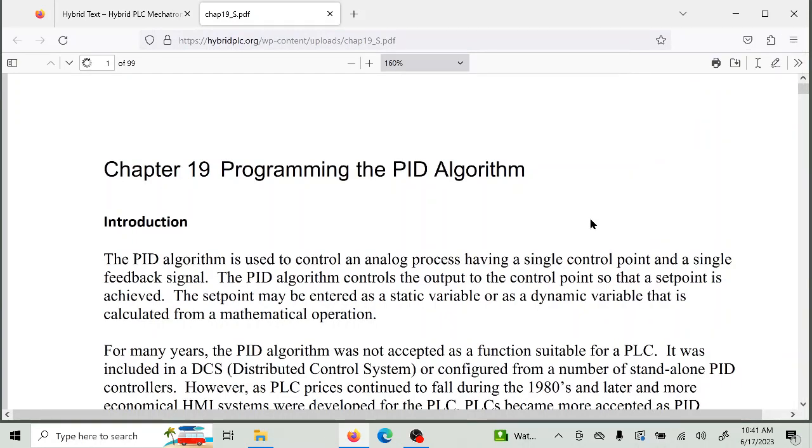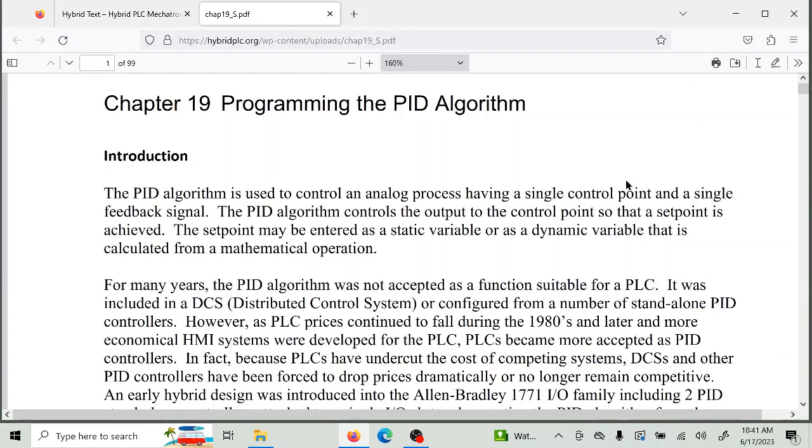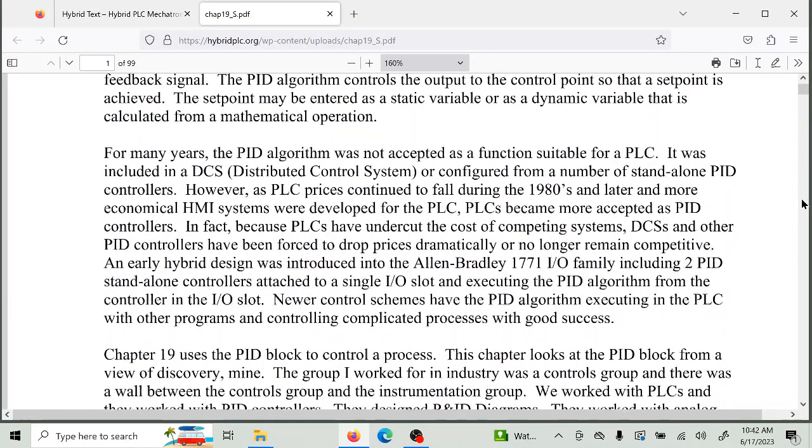So here we begin with an introduction, and the introduction basically points out that this is an algorithm that is put in the PLC and controls a process using a single control point and a single feedback device. Historically, the PID algorithm was not included in the PLC early on.